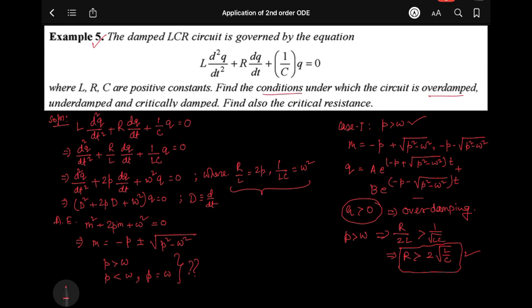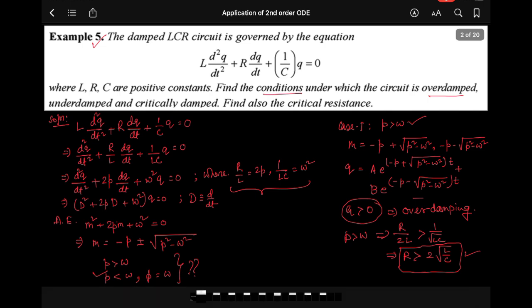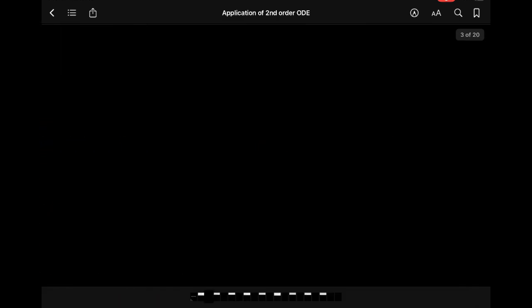Now the under damping part, P less than omega. If we consider case 2, that is P less than omega, immediately the form of the solution changes. The roots, M equals minus P plus minus root over P square minus omega square.